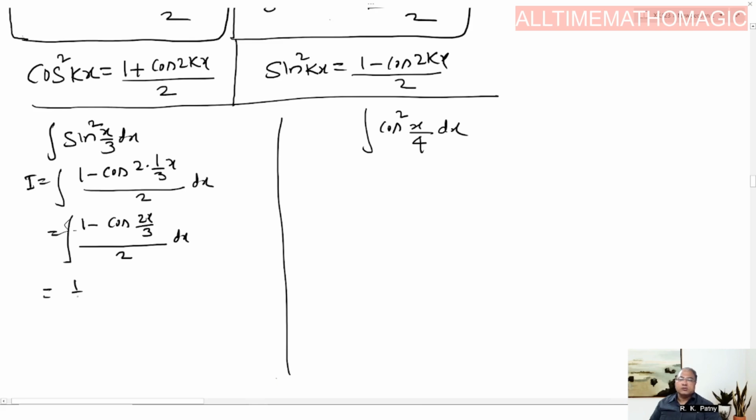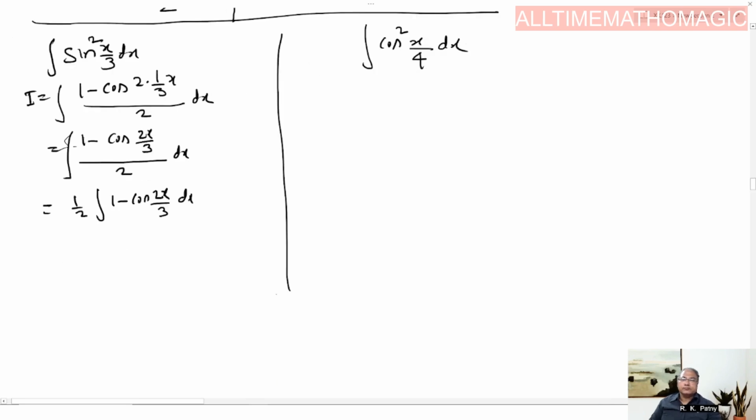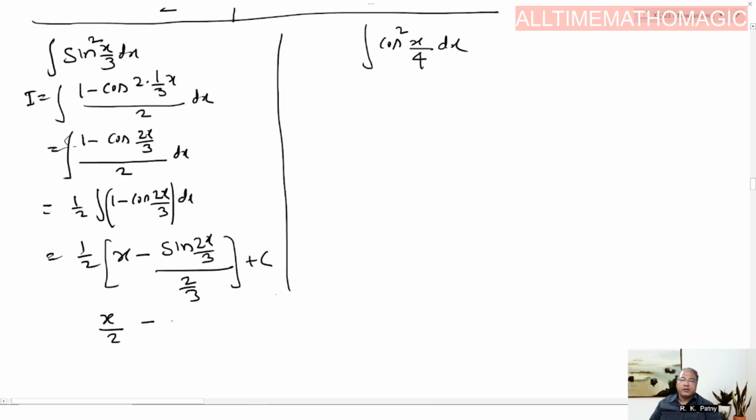This equals 1 by 2 outside, integration of 1 minus cos 2x by 3 with respect to x. 1 by 2 as it is, and here the integration of 1 is x, and the integration of cos 2x by 3 is sin 2x by 3 upon 2 by 3, plus c, which can be further simplified as x by 2 minus 3 by 4 sin 2x by 3 plus c. This is the solution of this question.